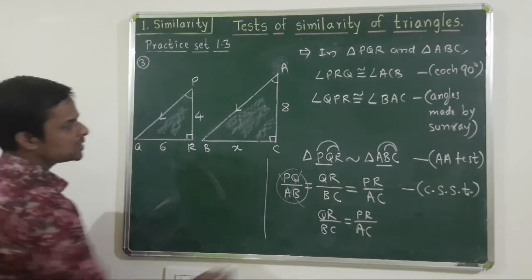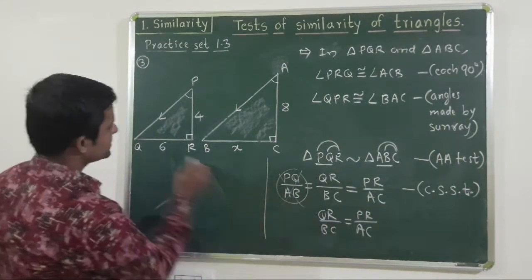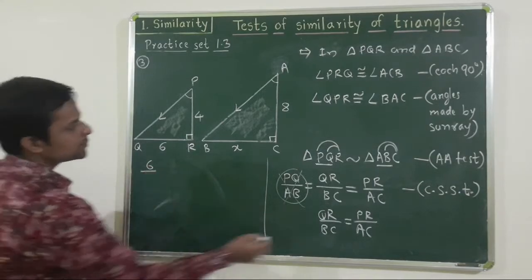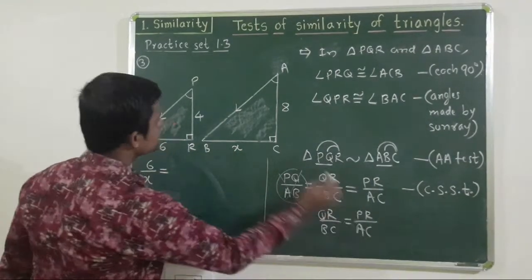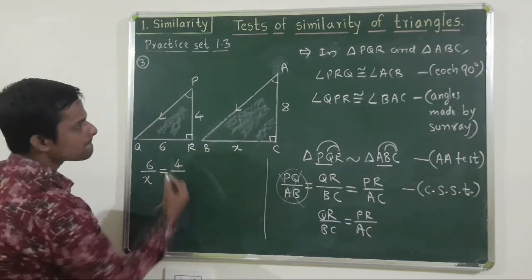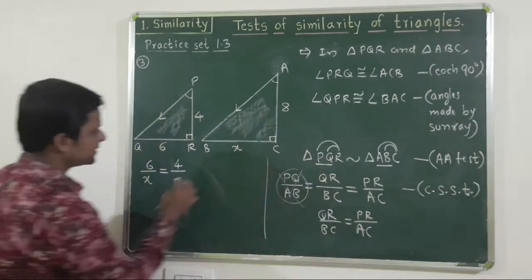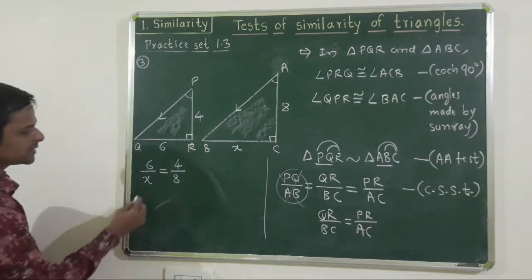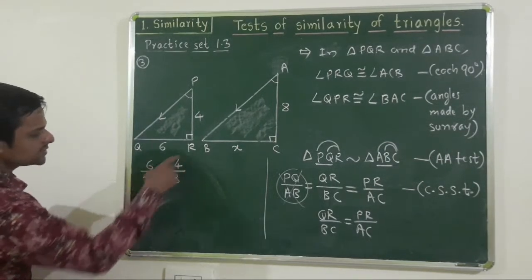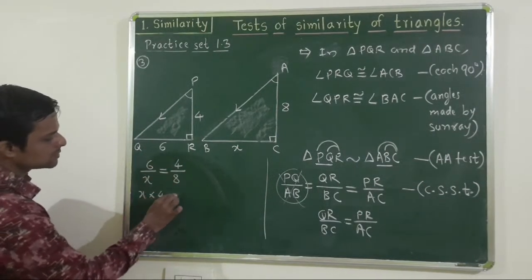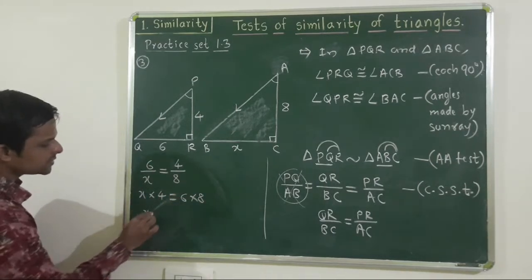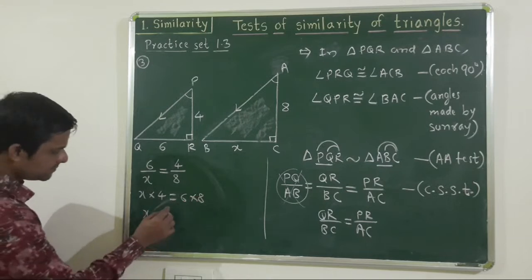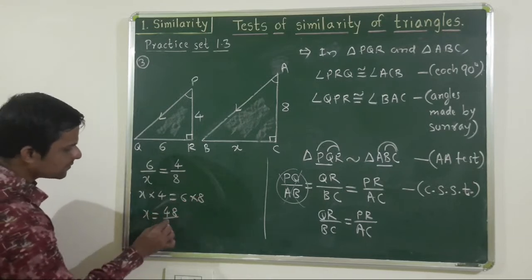Now putting values, QR is given as 6. BC is given as x, that we have to find. PR is given as 4 and AC is given as 8, and by calculation we will get x into 4 is equal to 6 into 8. Taking 4 to that side we will get 6 into 8, 48 by 4.